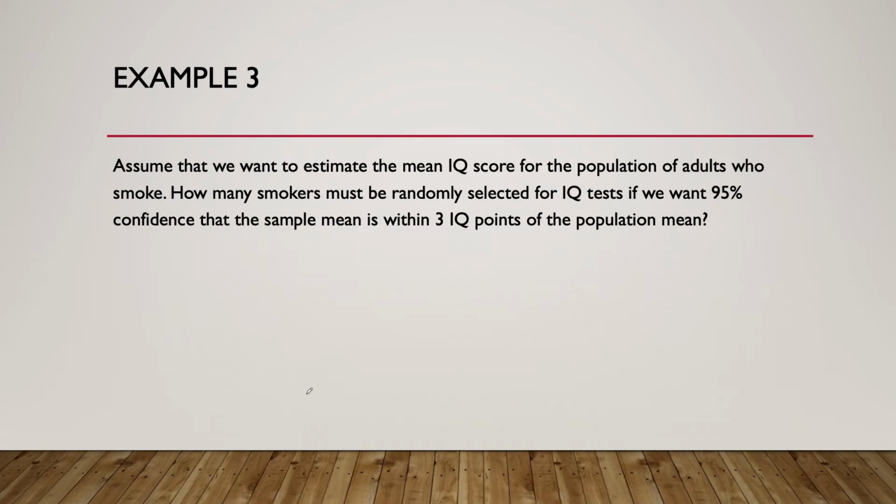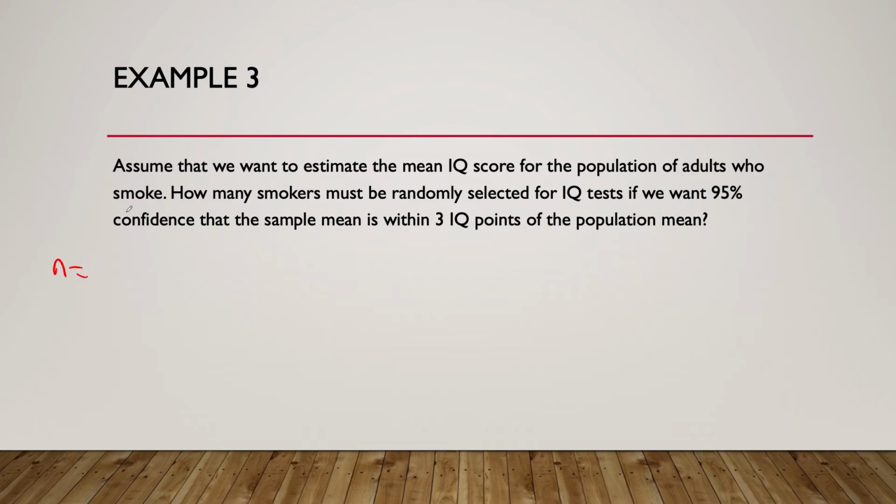So, for example, let's say we want to assume the mean IQ score for the population of adults who smoke. How many smokers will be randomly selected for IQ tests if we want 95% confidence that the sample mean is within 3 IQ points of the population mean?